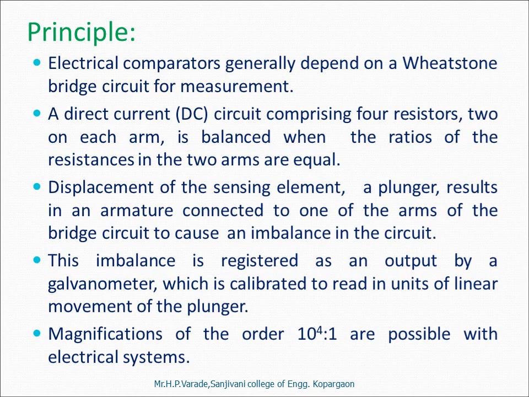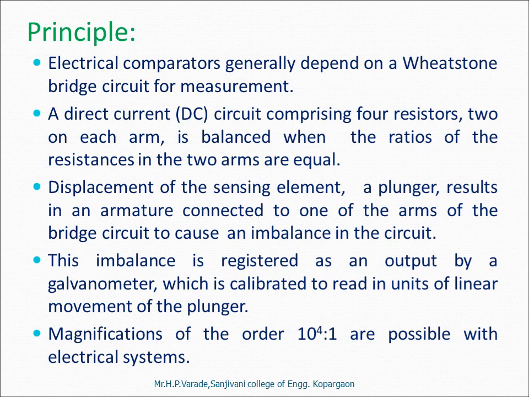This imbalance is registered as an output by a galvanometer, which is calibrated to read in units of linear movement of the plunger. Generally, magnifications of the order of 10 raised to 4 to 1 are possible with electrical systems.